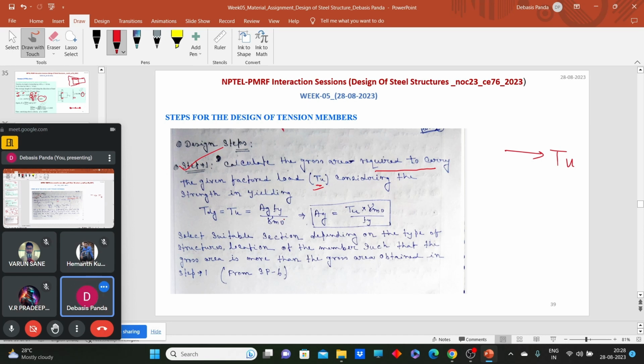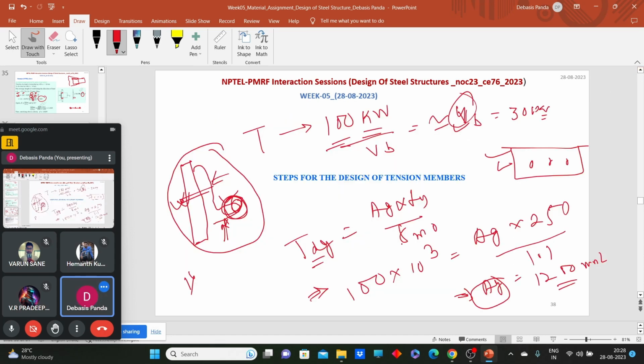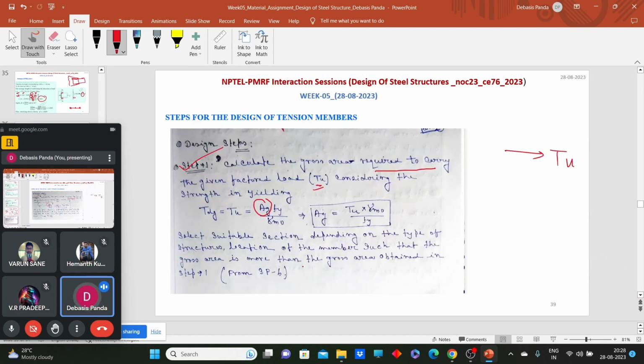So here we can have the gross cross-sectional area, like, I have made a calculation here. So by this way we can have a gross cross-sectional area. Then we have to go to SP6 to find out the section size. We have to select the section size.